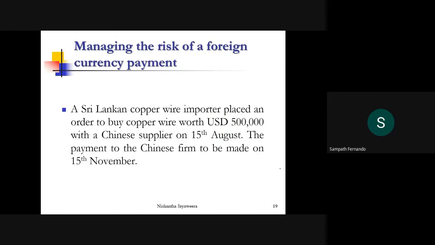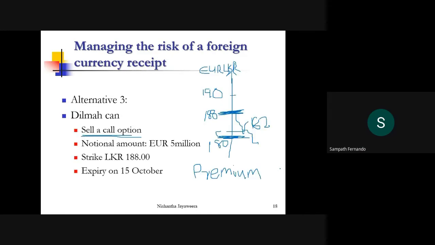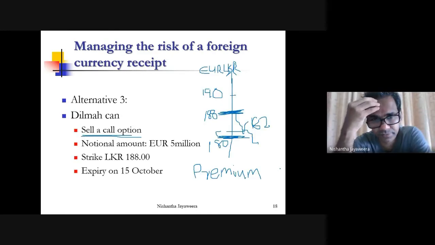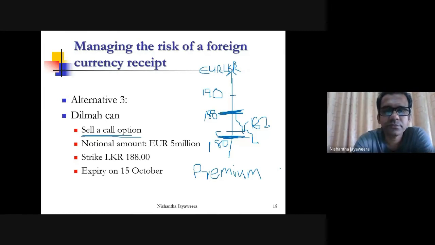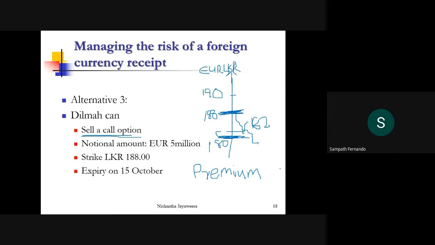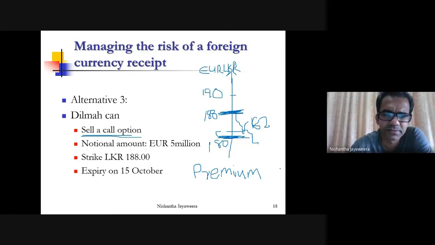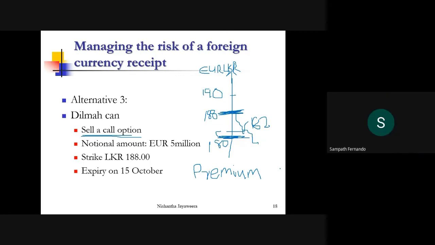Sir, options are not available in Sri Lanka. No? There are some banks where you can do options. Not every bank, yes. Okay.